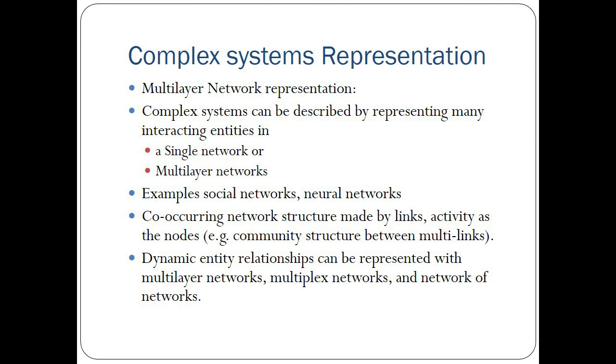But what if we keep dividing the properties or attributes of those vertices or nodes? Means you are changing some properties and you want to analyze those properties. Then you need to have more networks.